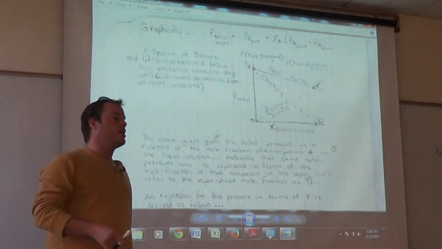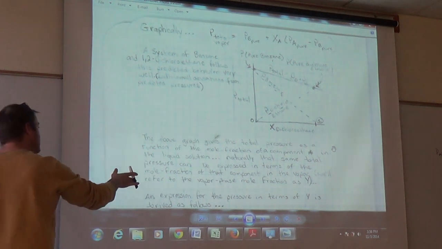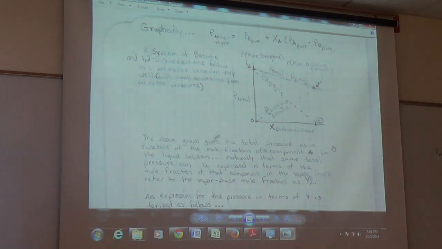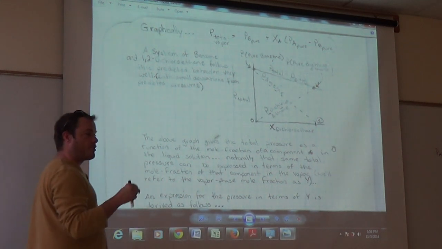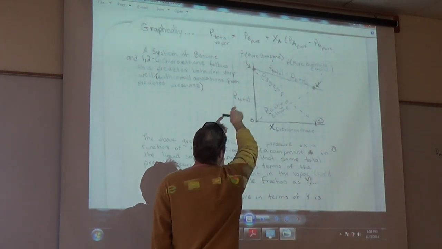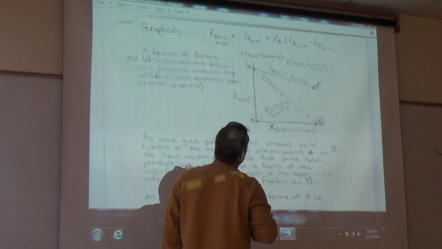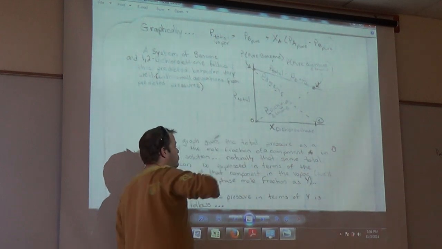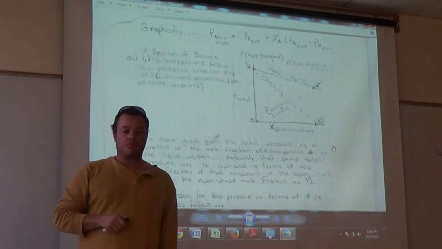Right? This is a very limited graph in that it only works for some systems. Benzene and dichloroethane happen to deviate very, very slightly, or in only a small magnitude, from ideal behavior. And so this kind of graph works very well for those two systems.